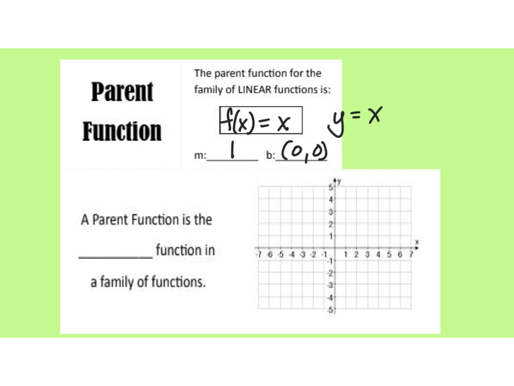So I guess it is the basic function in a family of functions. So in this case, the parent function would look like this. Of course, it is a straight line with a slope of 1, passes through the origin, a direct variation, proportional, all of those fun things.